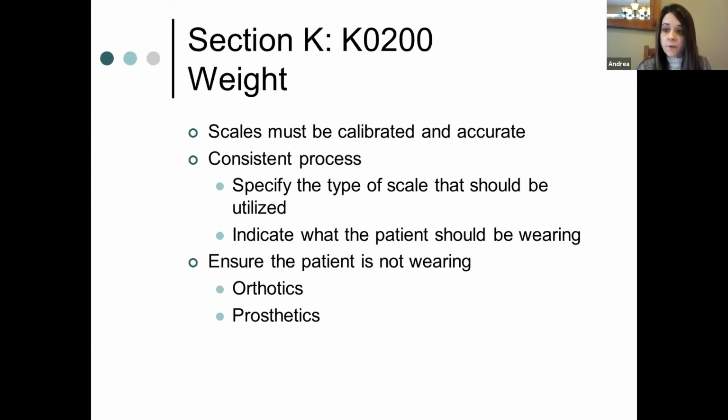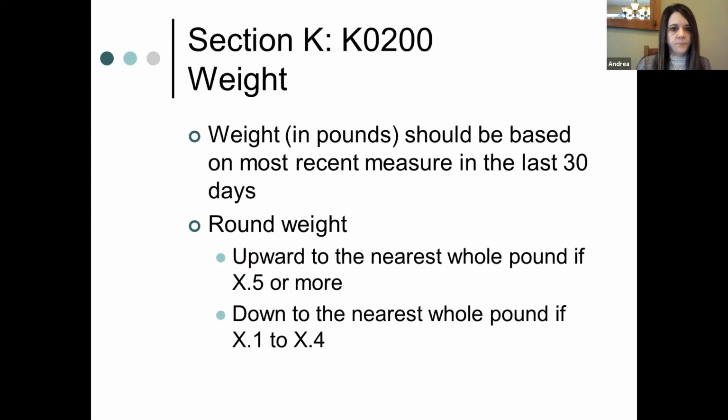So if a resident is wearing that, you're going to want to make sure that the prosthetic or orthotic is subtracted from their weight at all times. Same thing if it's a wheelchair. You don't want to give the weight of the person with the wheelchair, so you need accuracy in that wheelchair weight. Each time, you subtract the correct weight to get their true weight.